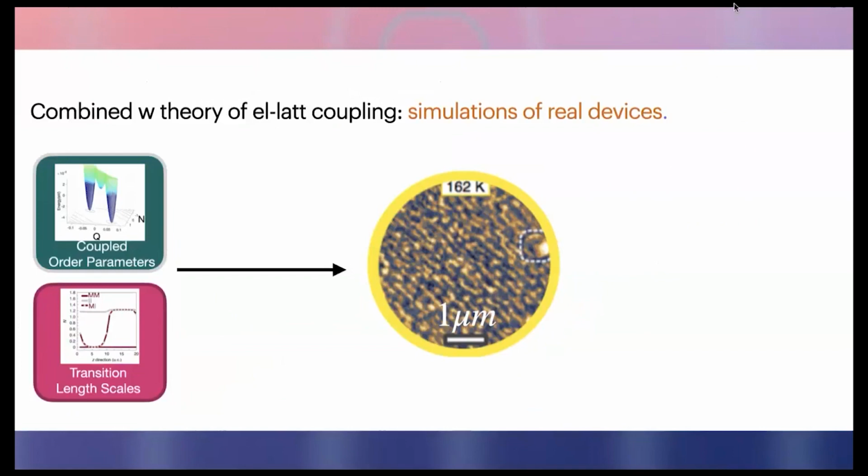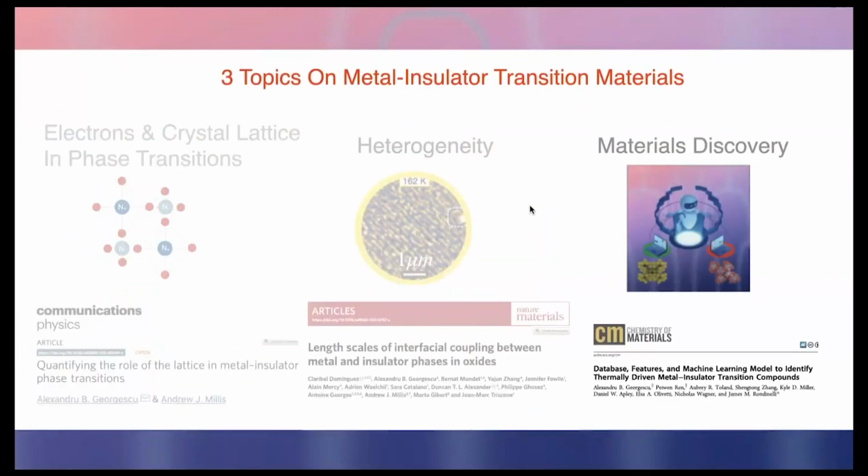But either way, one of the interesting things is you have multiple types of theory that should in the future allow for simulations of real devices at different length scales.